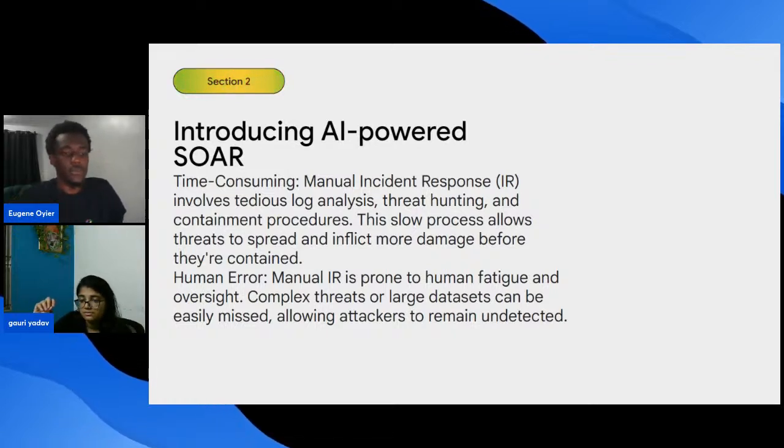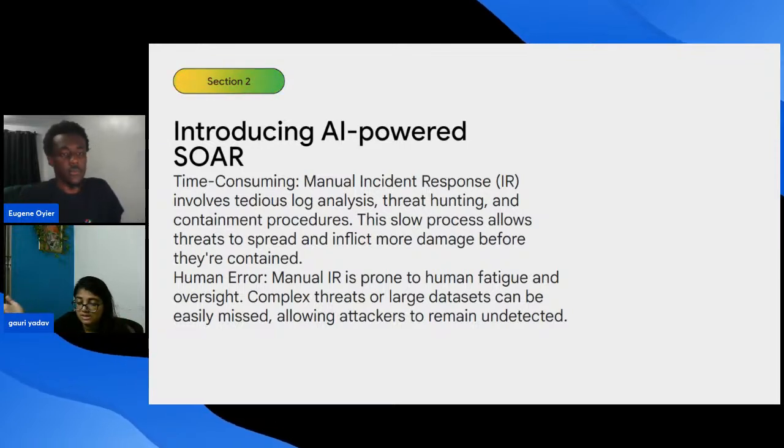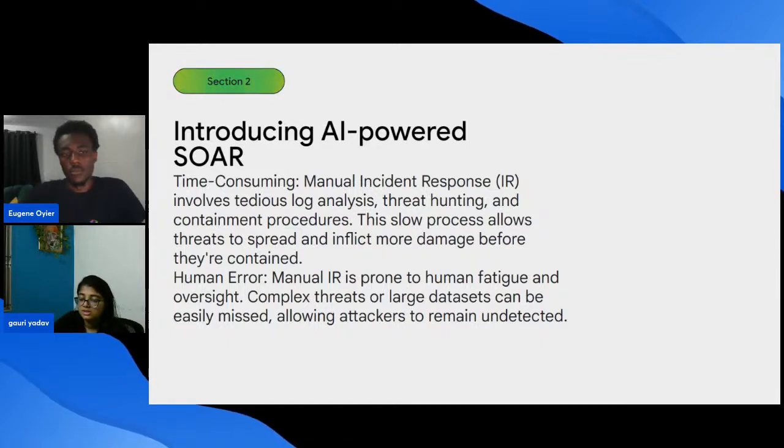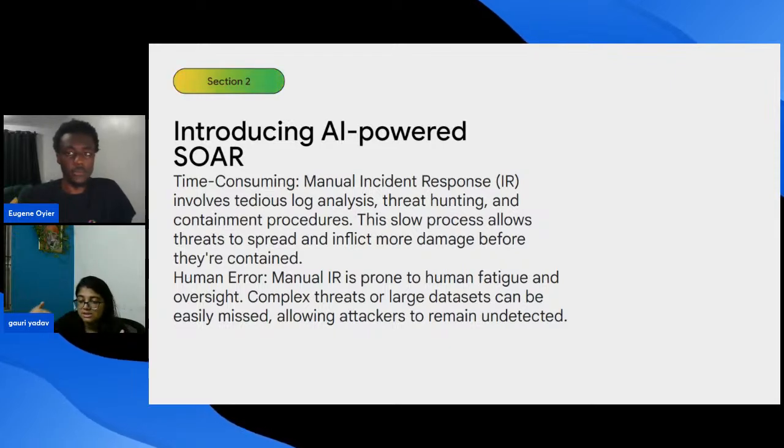Now we are introducing AI-powered SOAR. What is SOAR in the first place? That is security orchestration, automation and response. It means that your security is orchestrated, lined up, and automated.